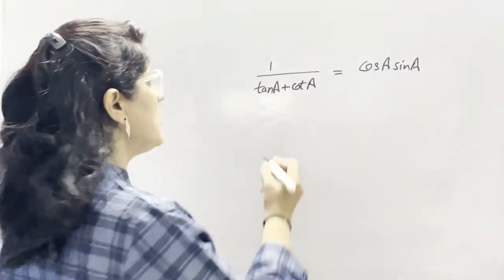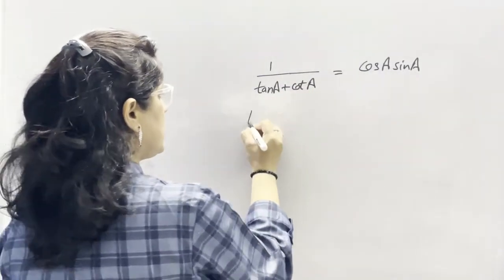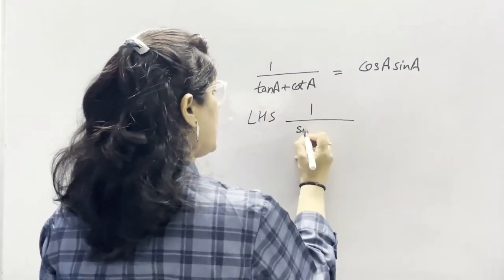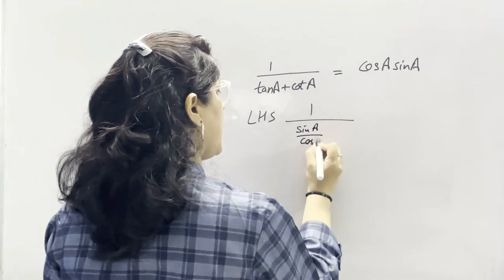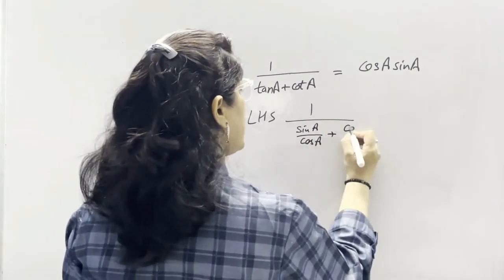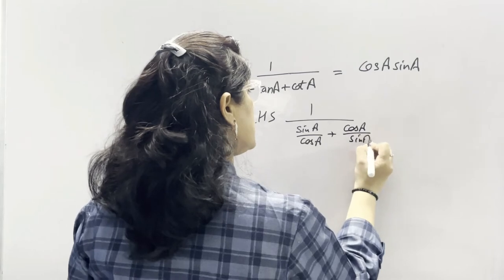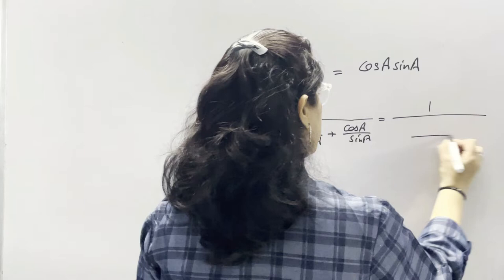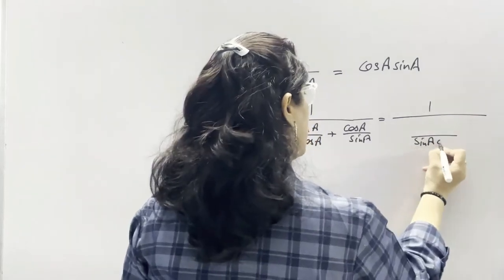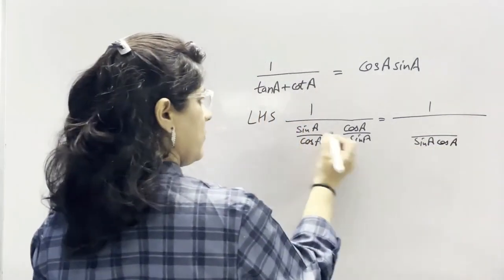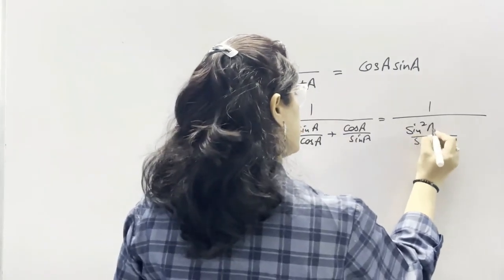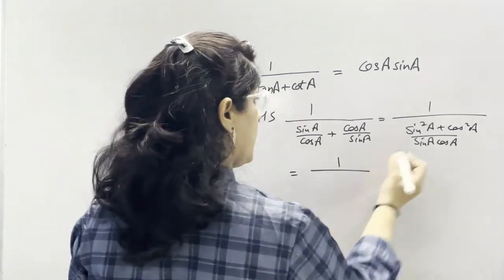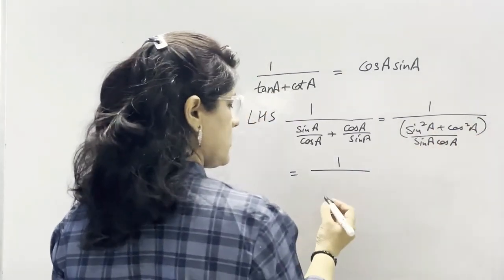One more easy question, 1 upon (tan A plus cot A). We will start with LHS, 1 upon. Now we know the value of tan A in terms of sin A and cos A, it is sin A upon cos A. And what is cot A? It is cos A upon sin A. Then 1 upon, in the denominator LCM is sin A into cos A, then multiplying sin square A plus cos square A. It means 1 upon, we know the identity sin square plus cos square is 1.